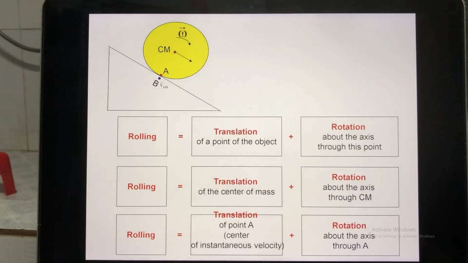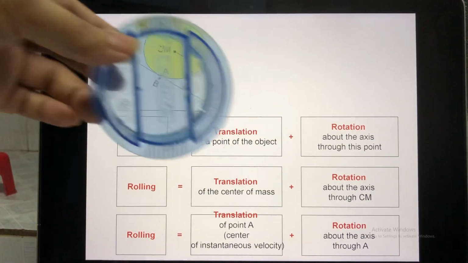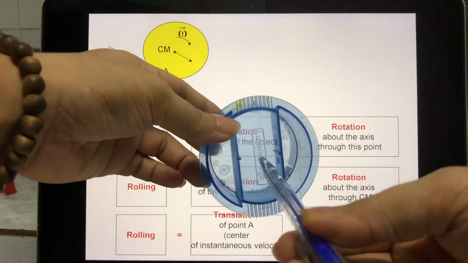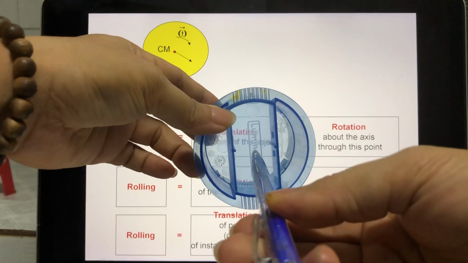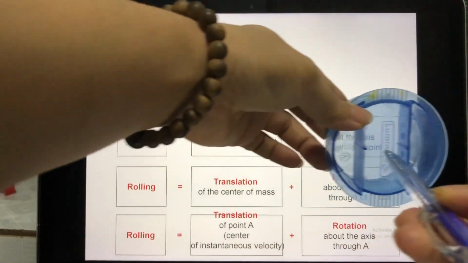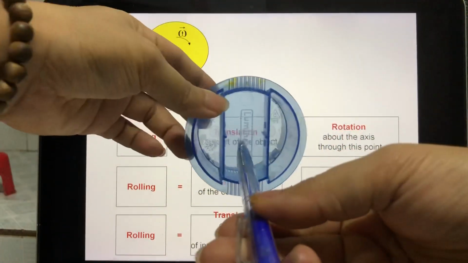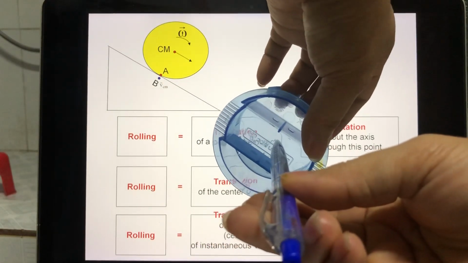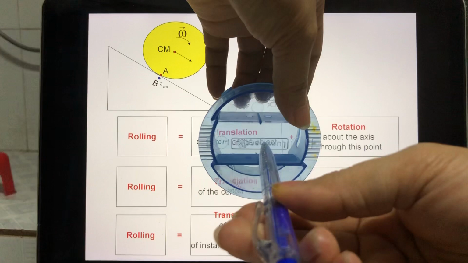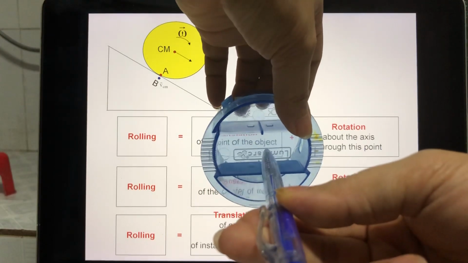Okay. The second case: you have a center of mass, right here for example, and the translation of the center of mass like this. The second part is rotation of the other particles of the object with respect to the axis passing through the center of mass.